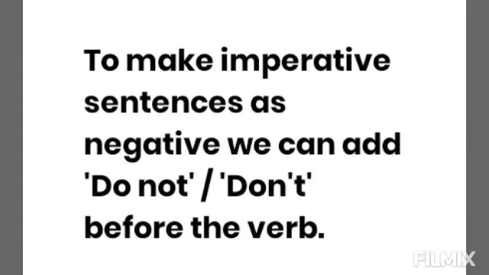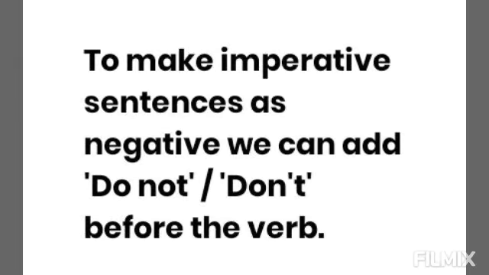Okay, now how can we make an imperative sentence into a negative sentence? Let us see. To make imperative sentences negative, we can add do not or don't before the verb or at the beginning of the sentence. This one will be very simple.